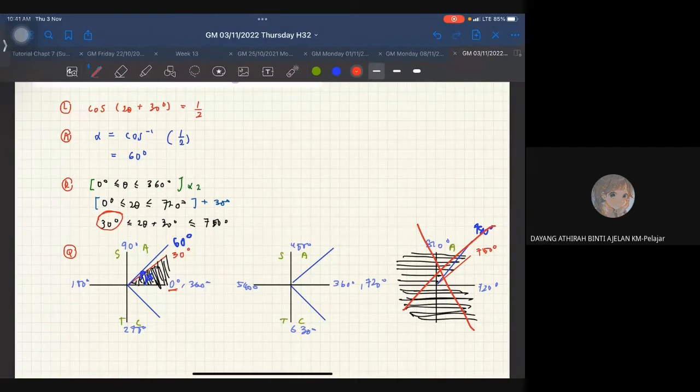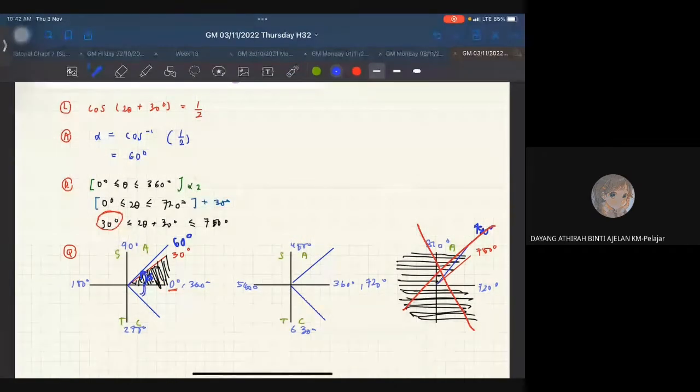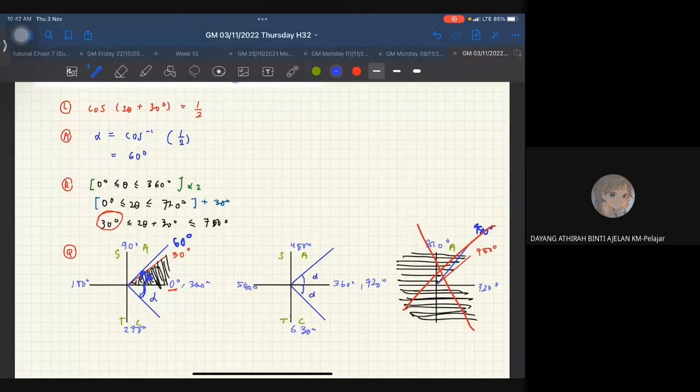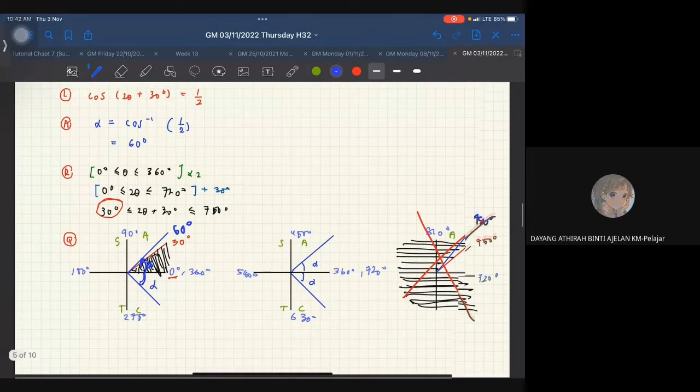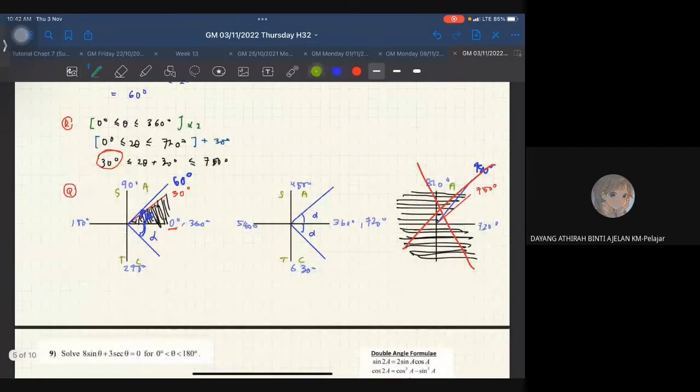Okay, so itu adalah, this is the first quadrant. Okay, and then the fourth quadrant, di kat sini, this is the alpha. Okay, and then this is alpha as well. Okay, so jom kita cari satu-satu nilai tu. Okay, so step terakhir is A, which is final answer.